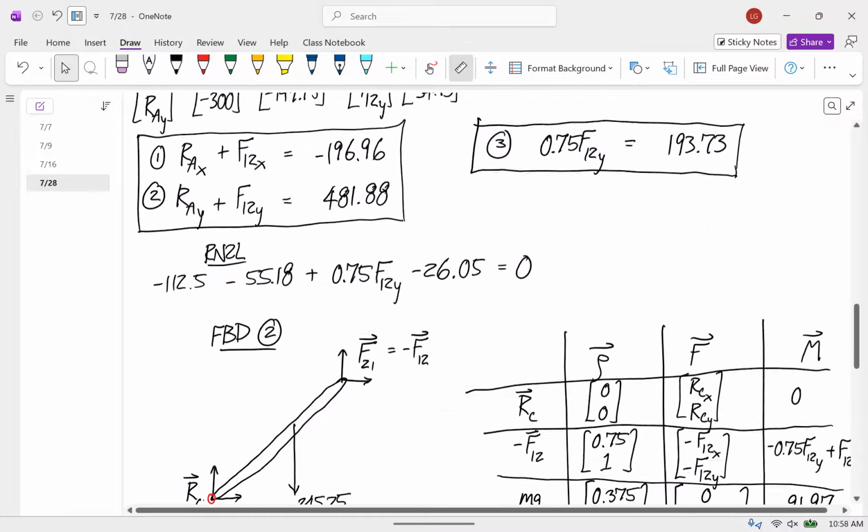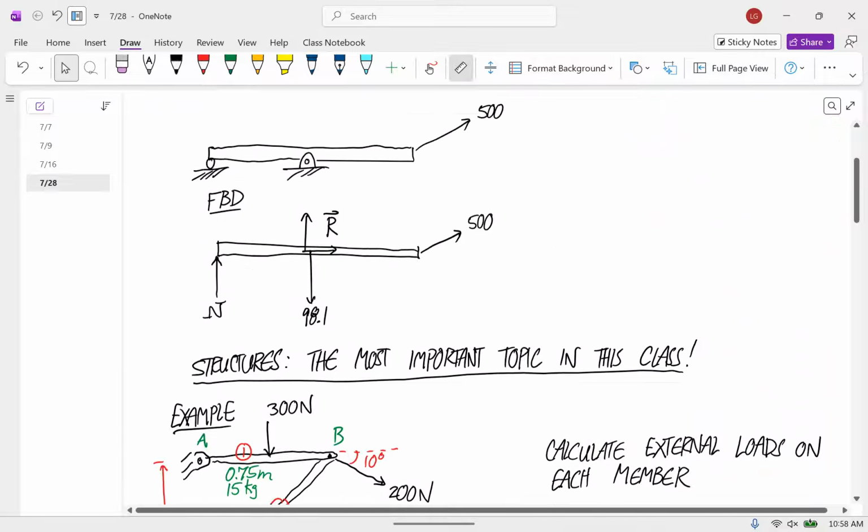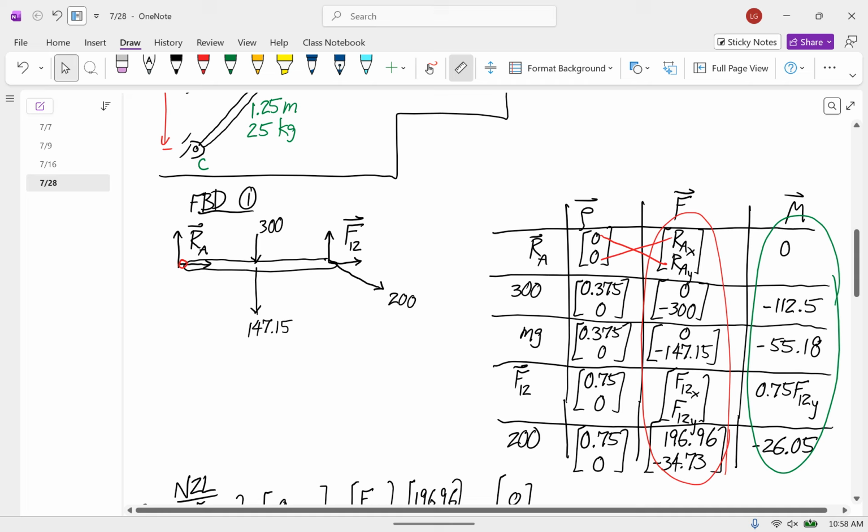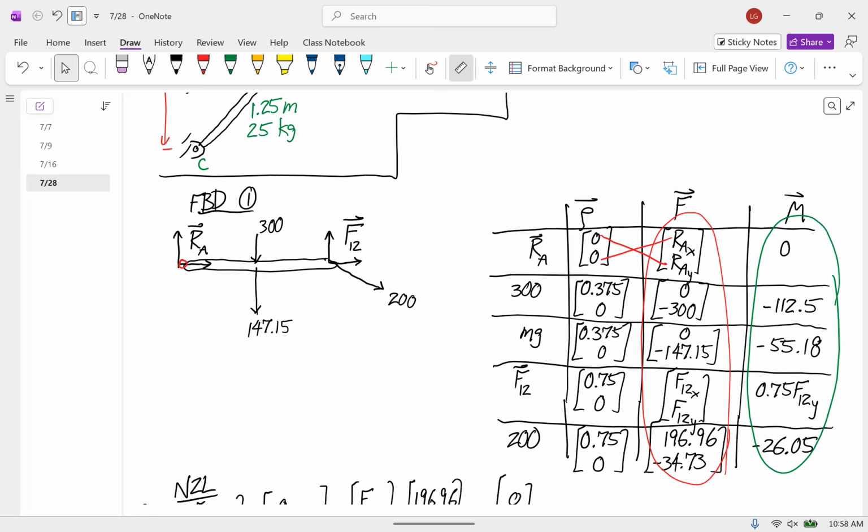And all I'm doing is going back to our original free body diagrams and just filling in the values that we calculated into the free body diagrams. And then any places where loads are happening at the same point, I'm adding those vectors up. Okay.